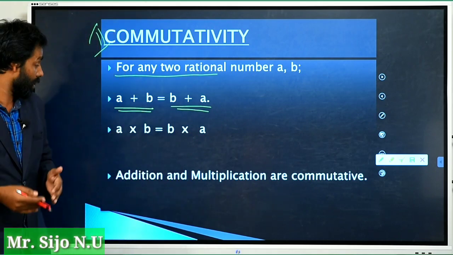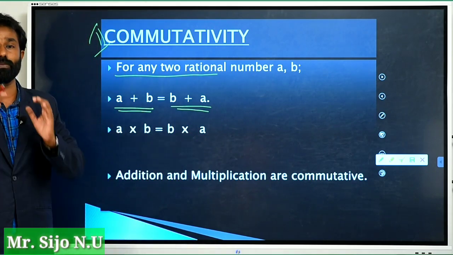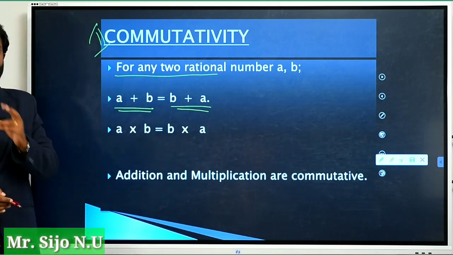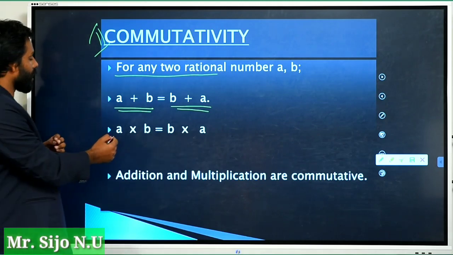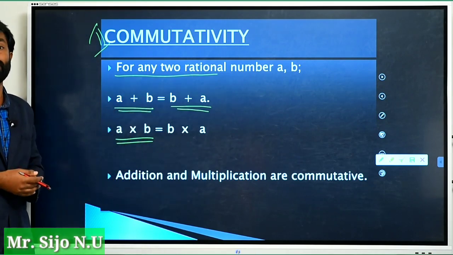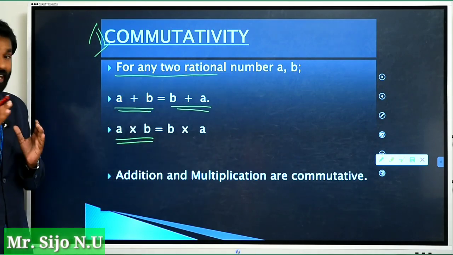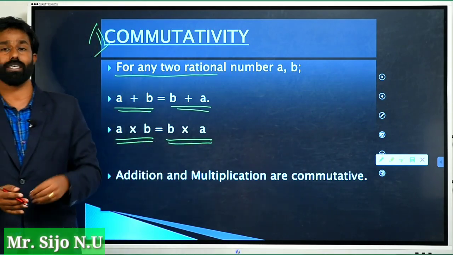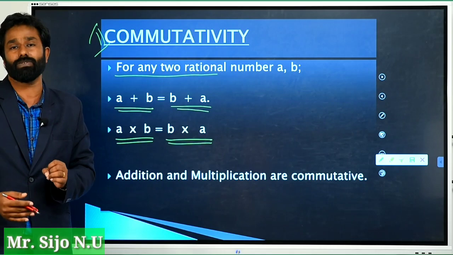It's quite simple. In the same way, in the case of multiplication also, when we consider two numbers and multiply, there are two ways we can multiply. First we can take the first number a and multiply with b. What result will we get? It should be exactly the same as b into a. So in the case of rational numbers, this property is satisfied.